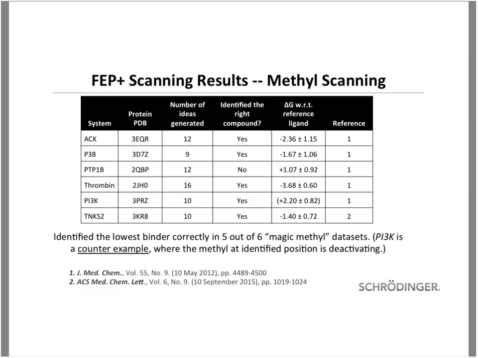So these are the so-called magic methyl substitutions, where adding a single atom to a single carbon of a compound can lead to a drastic improvement of potency. Now, in 5 of these 6 cases, the method was able to pick out which of those magic methyls was, in fact, the correct one. Actually, PI3K is a counterexample where the methyl at the identified position is actually leading to a decrease in potency.